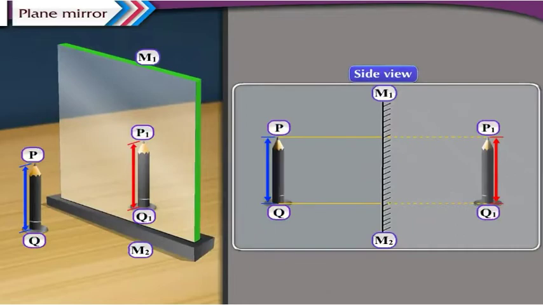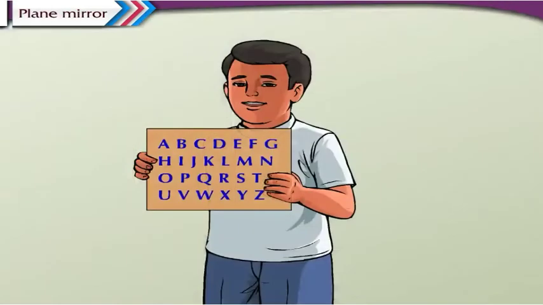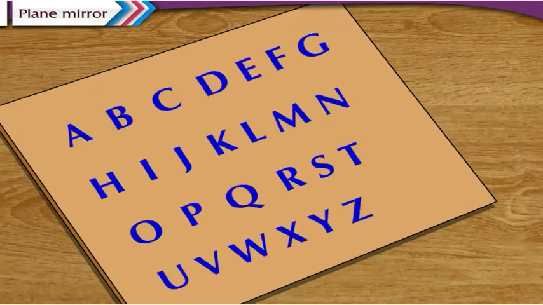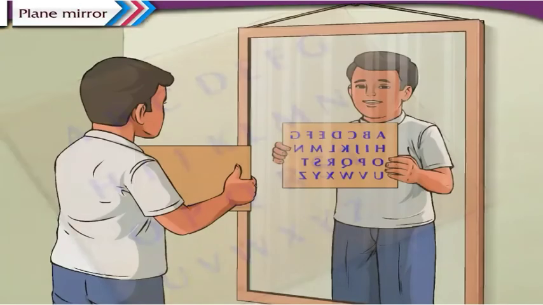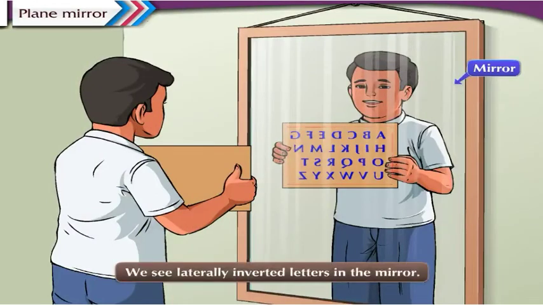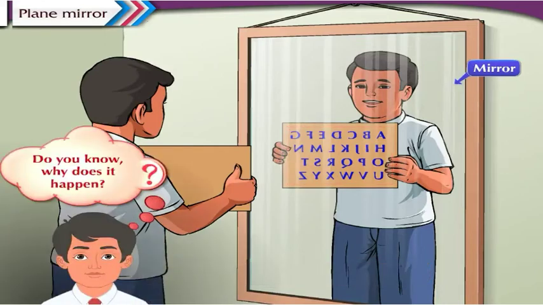Let us now do an interesting exercise. Write all the letters of the English alphabet on a cardboard. Now hold the cardboard in front of a mirror. We see laterally inverted letters in the mirror. Do you know why this happens?